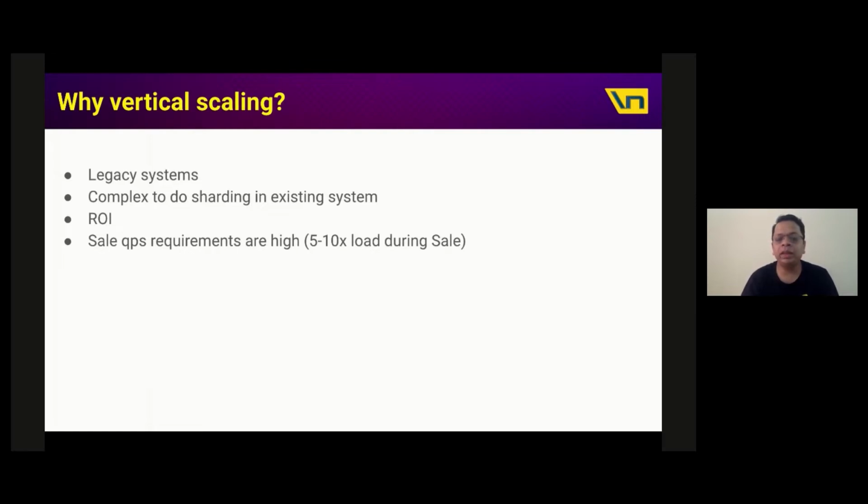But for that period where they are in deprecation mode, we still have to support the sale QPS requirements, which are almost 5 to 10x of our normal load. Because of these reasons, and particularly ROI, we asked why can't I do sharding in my existing system? Because it was very complex the way these systems were modeled. Hence, from the ROI perspective also, we thought of doing vertical scaling and investing time in that.